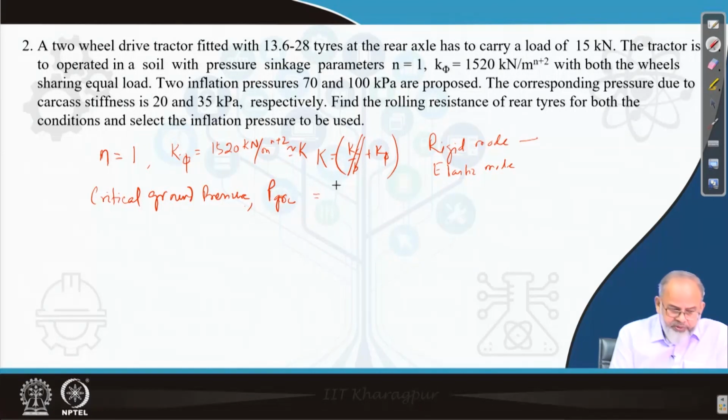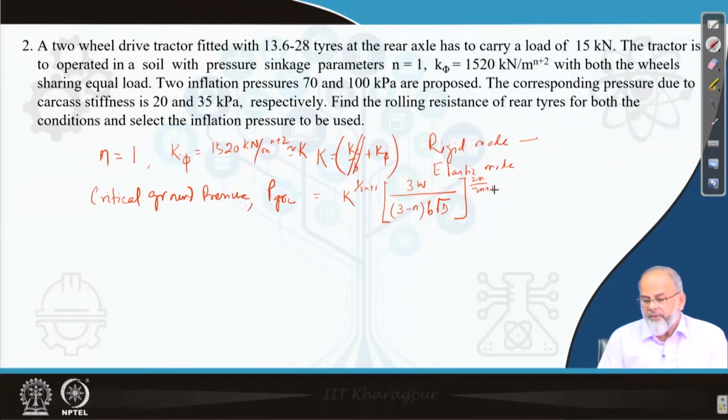So, this will be equal to K raised to the power 1 upon 2n plus 1, into 3w by (3 minus n) into b, raised to the square root of d raised to the power 2n by 2n plus 1. So, the k value is known. What is unknown is the section width b, d and w.